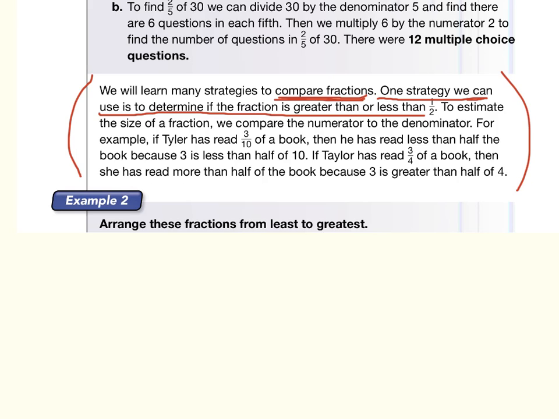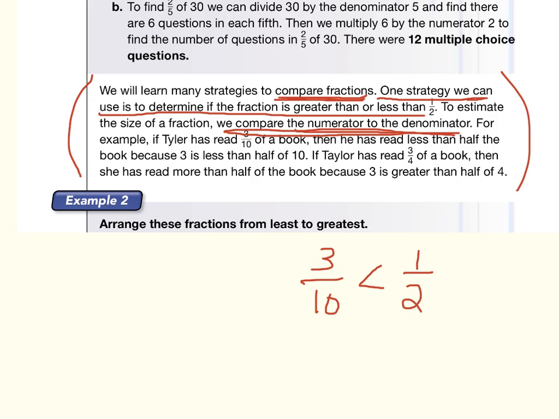To estimate the size of a fraction, we compare the numerator to the denominator. This is how you do this. For example, if Tyler read 3/10 of a book, then he has read less than half the book, because 3 is less than half of 10. So 3/10 is less than a half.